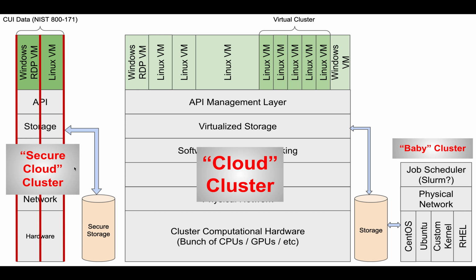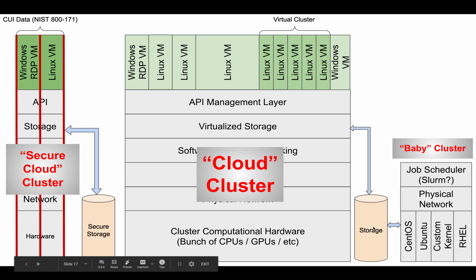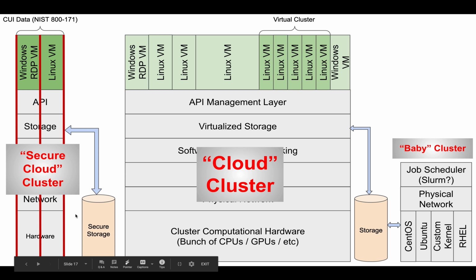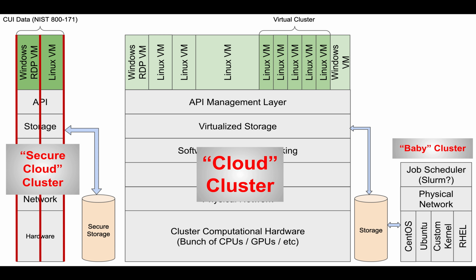And then we've got the secure cloud cluster over here, where we are putting stuff that's like 800-171. And while the baby cluster and the cloud cluster probably can use the same storage, just because it's the same data classification level, I'm guessing we are going to need some separate storage or some mechanism for segregating that storage into two parts, one for secure and one for everything else.